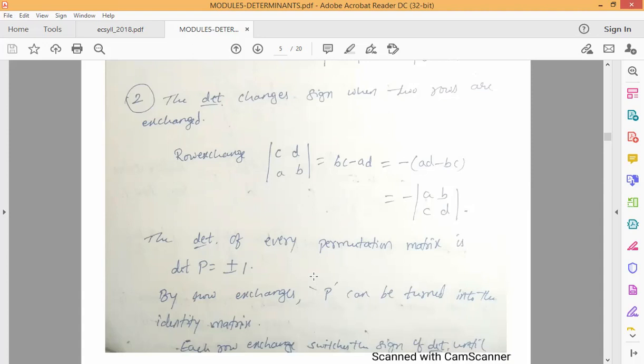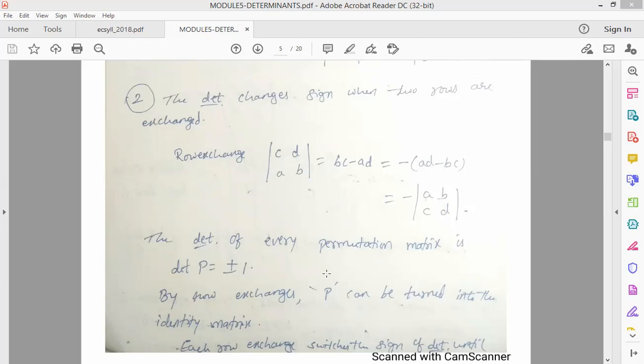This permutation matrix can also be transformed to the identity matrix when you go for the row exchange operation. So a permutation matrix can be converted to the identity matrix. The identity matrix is different from the permutation matrix, which you have to keep in mind. The identity matrix also consists of zeros and ones, but the ones are always present in the diagonal places.